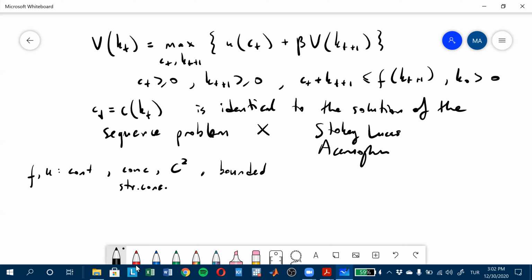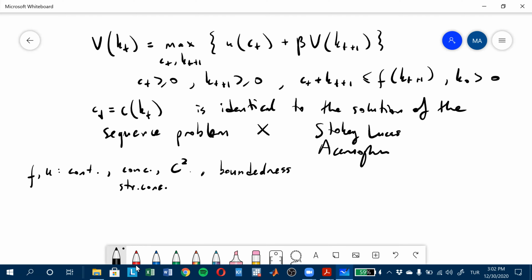I will spend some time later on bounded and unbounded functions. For now, don't mind whether your utility is bounded or not. In most cases, utility functions are not bounded, but we still have ways to characterize solutions.